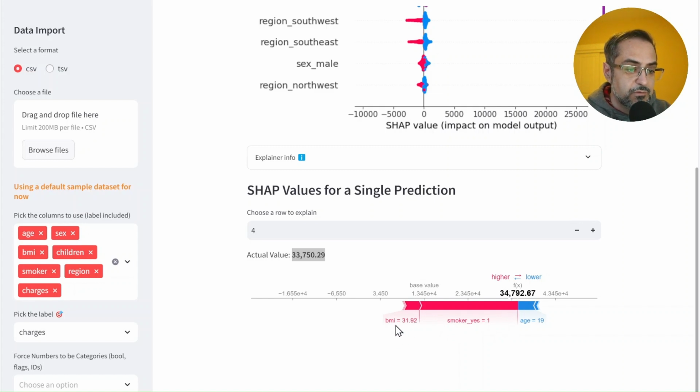And then we also have the BMI, which is 31, a little bit higher than we had on the other patient. And so that contributes to an increase of the cost. The age being 19, which is a younger age, makes the cost a little bit cheaper. But in general, smoking and the BMI are the things that contribute to the biggest cost. And it was still fairly accurate with the prediction.